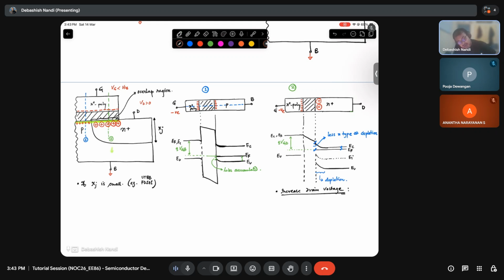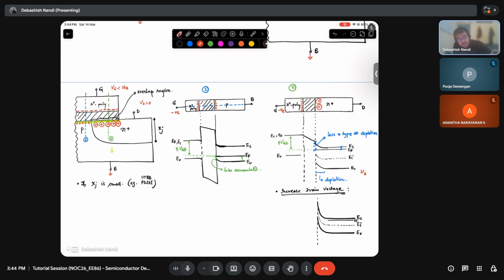What will happen to the bands? I will just draw the bands at the right-hand side beyond the surface. EC, EV, EI, and somewhere here is your EF.